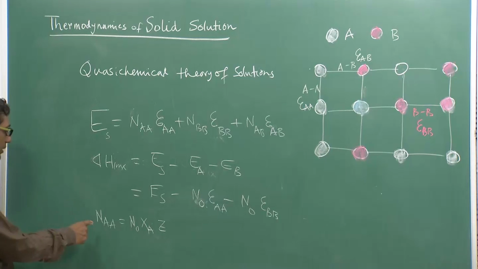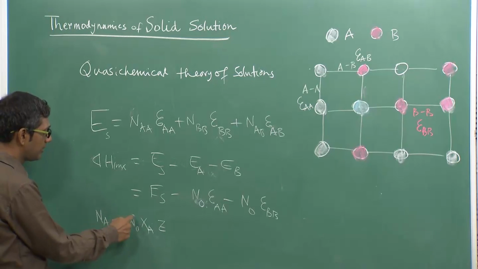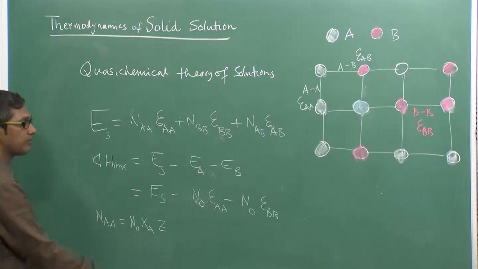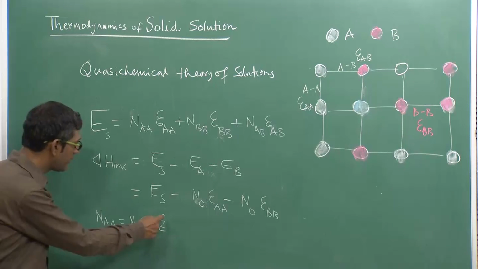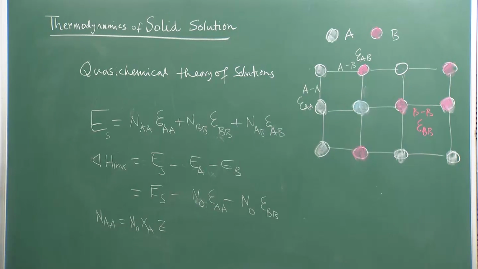So that means NAA is the Avogadro number multiplied by the mole fraction of A multiplied by Z, where Z is the coordination number.